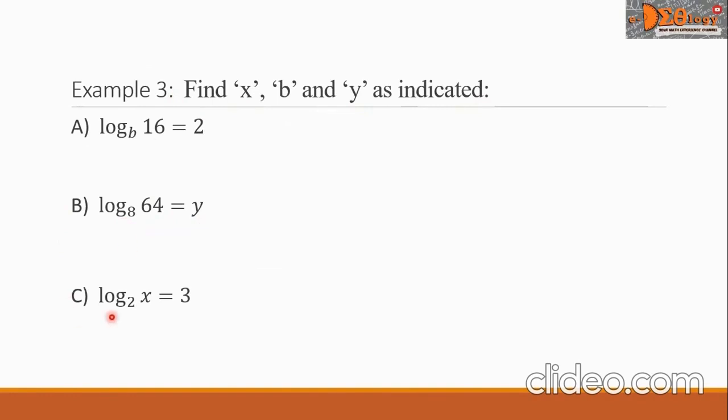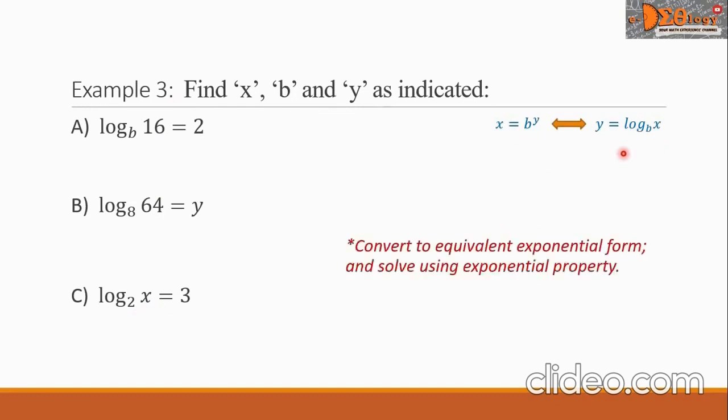Letter C, log of x to base 2 equals 3. First, let us write our conversion formula here. Our main goal now is to convert each of these problems into equivalent exponential form and solve using exponential property.